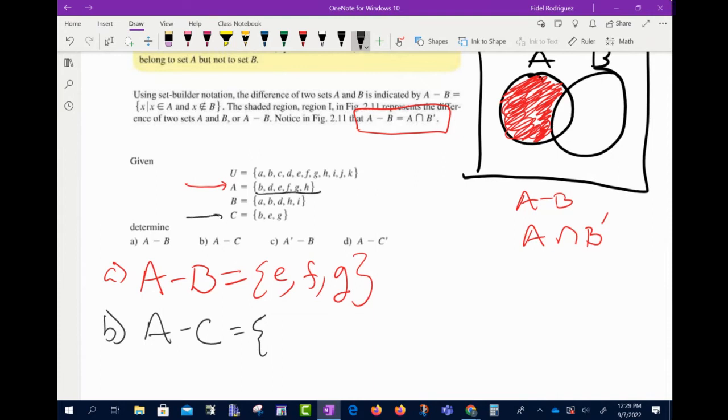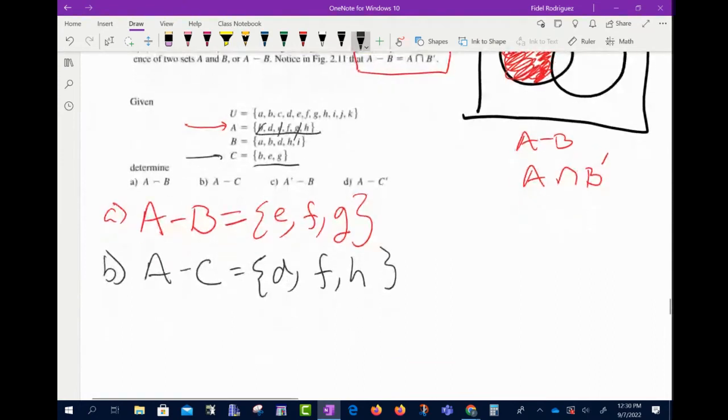I'm going to look at A, and I'm going to look at C. And every letter that I'm going to write down should be in A, but I don't want to use the ones that were also in C. So I know I'm not going to use the letter B, but we can use D. I'm not going to use E, but I'm going to use F. And I'm not going to use G, but we are going to use H, right? Okay, so I'm just going to keep moving along here, y'all.